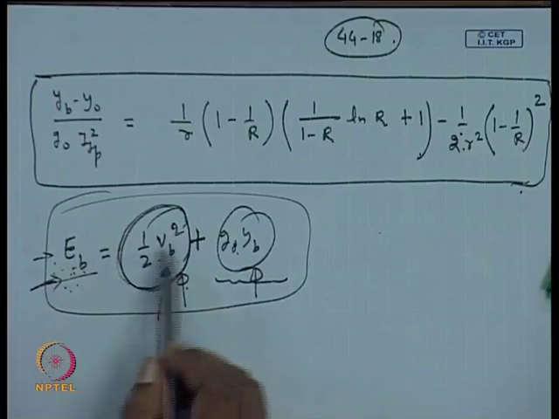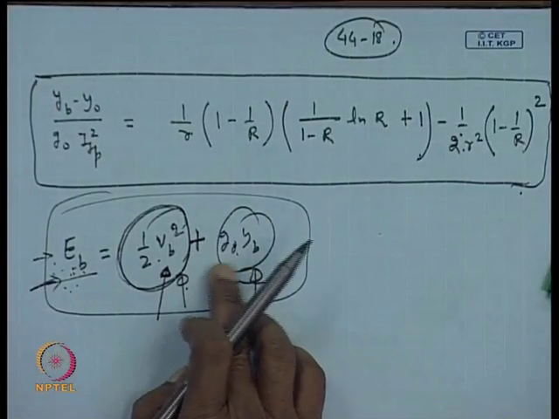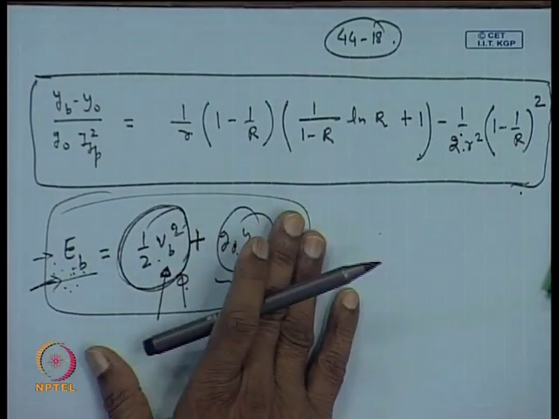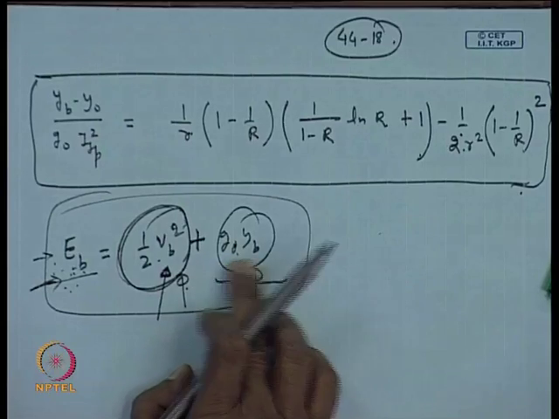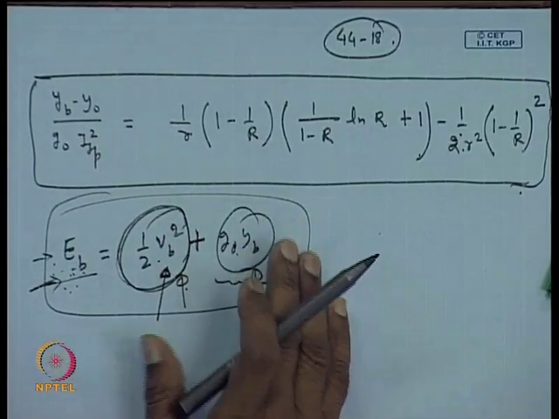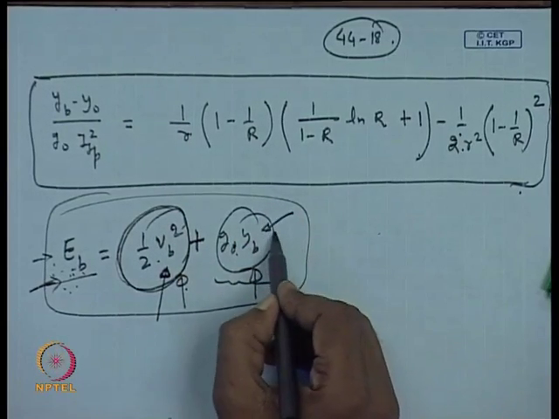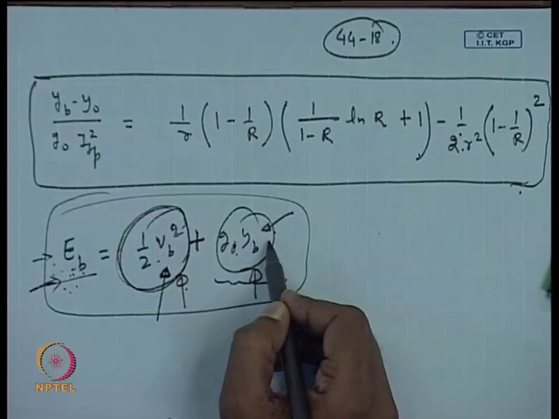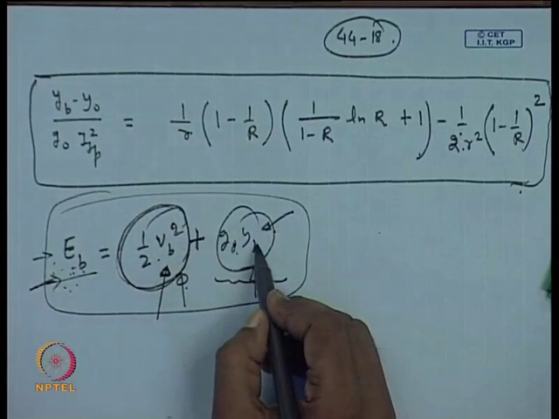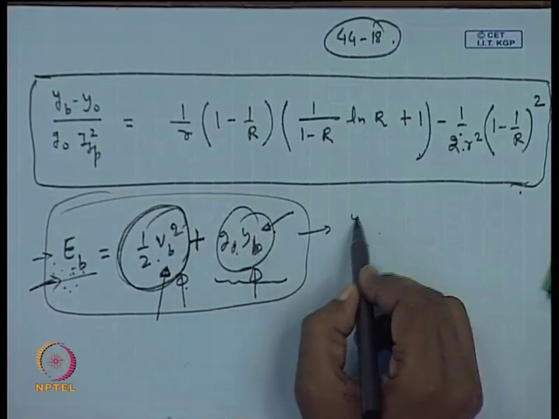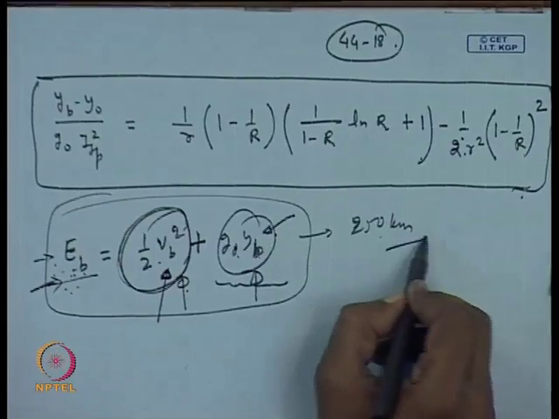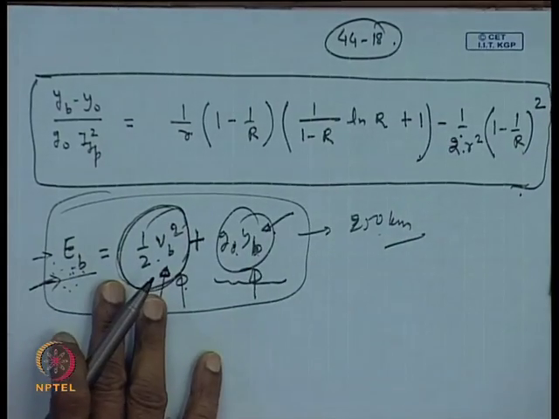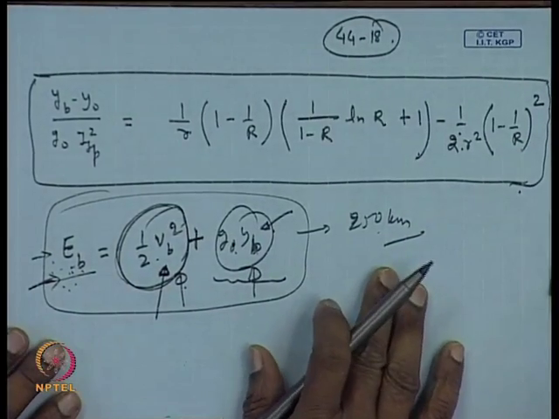If this quantity is equal to this, it means simply the G 0 Y b becomes 0. We are not looking for exactly this kind of situation. What we are looking for is y b equal to around 250 kilometers, so that our problem of putting the satellite in orbit is solved.